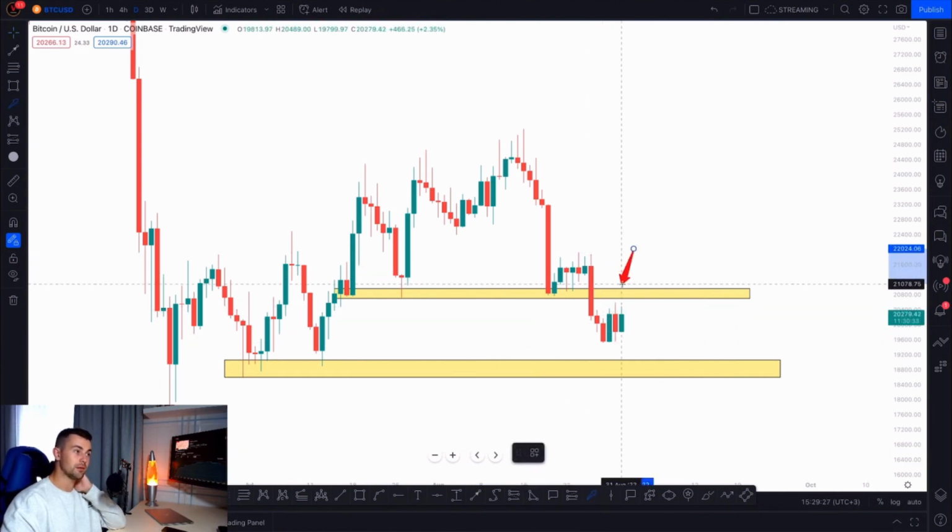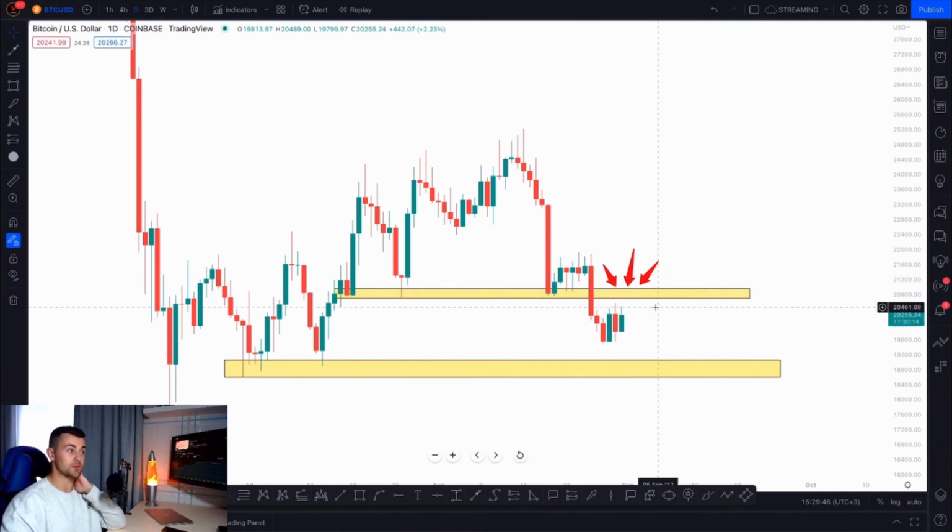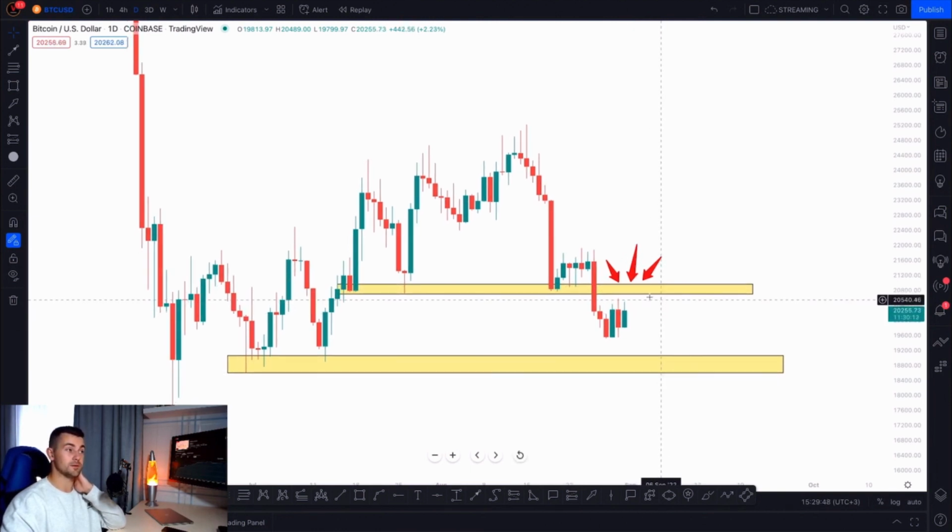And I really want the price to reach that resistance, because I truly believe that from that resistance, Bitcoin can fall, can drop sharply. So for now our focus is that structure. We'll wait for the test of that, and from there we will look for a confirmation to sell Bitcoin.